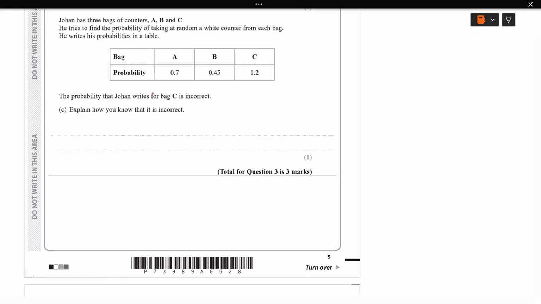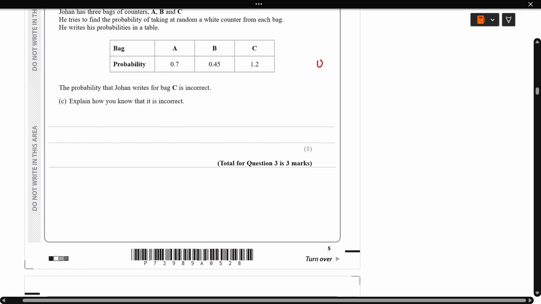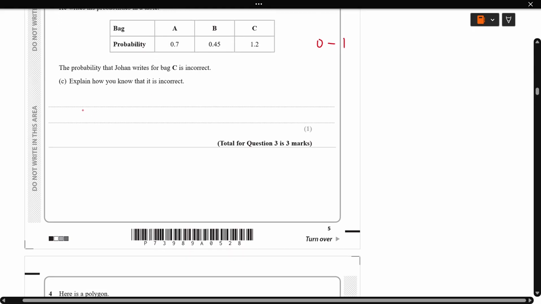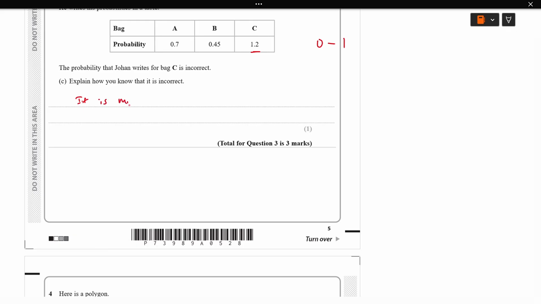Probability is always between 0 and 1, that's the maximum. So it's always at most 1. Because this is 1.2, it is more than 1.